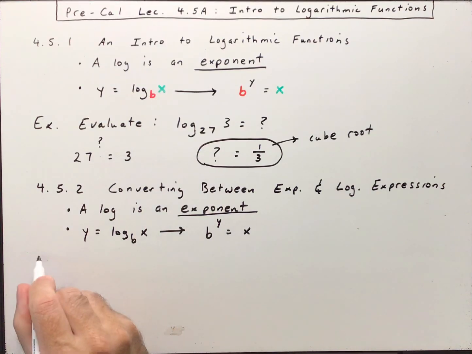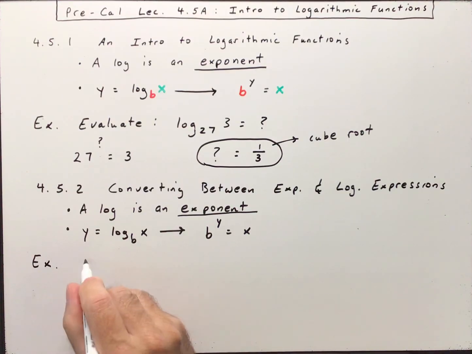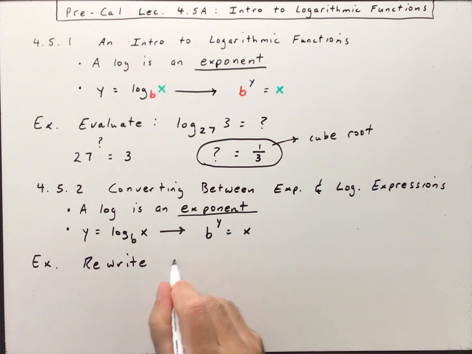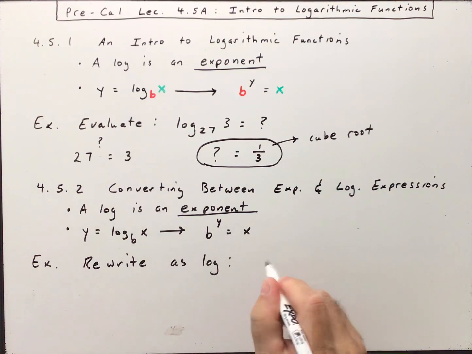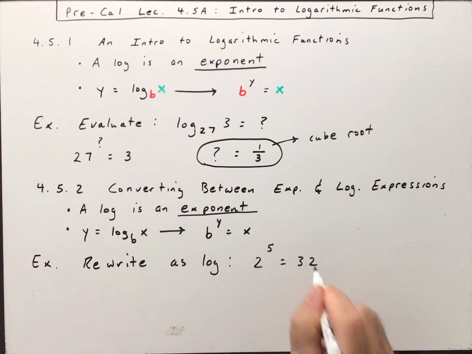Okay, so we're going to rewrite as a log 2 to the 5th equals 32.